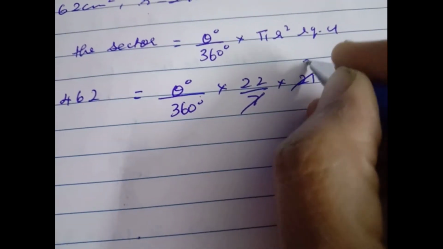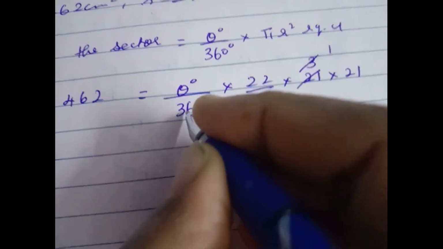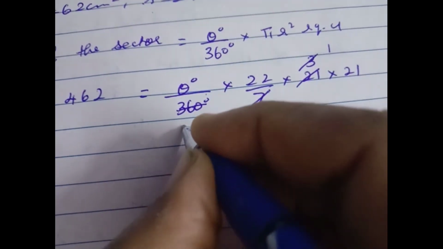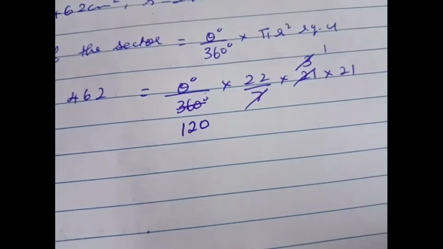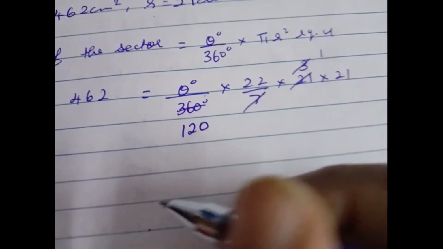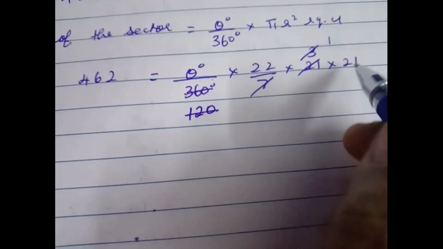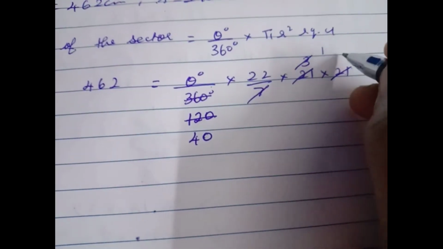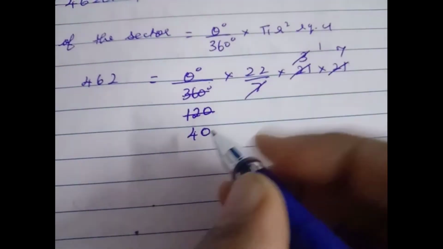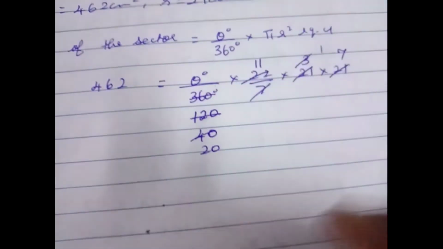So if you cancel here 3 times. Then in 3 table, 3 ones are 3, 3 4s are 12, then the 0. Then again if you see here in 3 table, 3 4s are 12, then 3 7s are 21, 11 times.